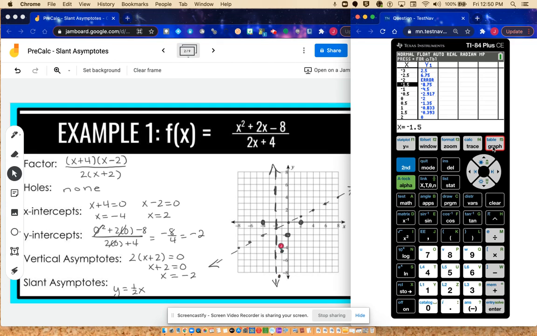And we have probably enough points. Maybe let's just pick something a little bigger than 2. How about at 4, we're at 1 1/3. All right, so we can see pretty well that we're going to get a curve similar to this over here on the right side. Now let's see what happens on the left.